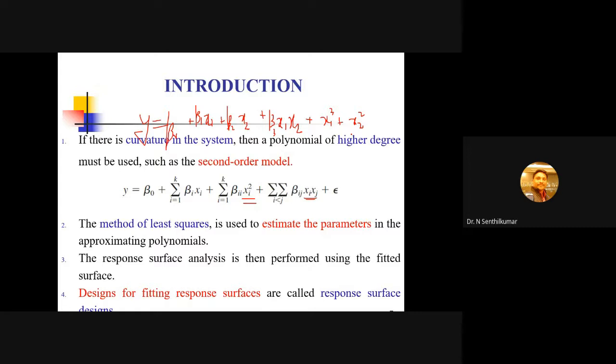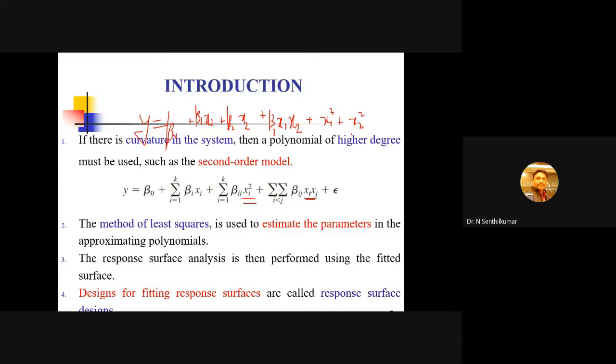For what purpose? If I do the same experiment again and again and record the outputs, and I get the same or nearby values, then the experimental error will be less. So in order to avoid experimental errors, some experiments will be repeated multiple times.